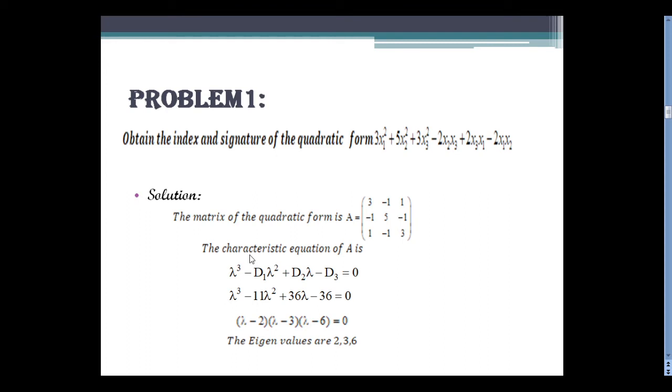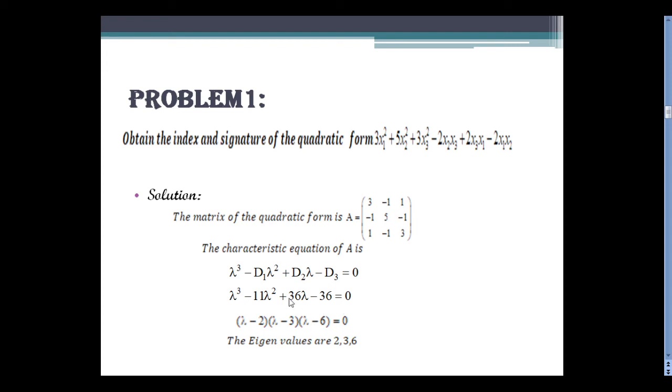Now we find the characteristic equation. Let us take lambda cube minus d1 lambda square plus d2 lambda minus d3 equal to 0. d1 is the sum of the diagonal elements, which is 11. d2 is the sum of the minors of the diagonal elements, which we get as 36. d3 is the determinant of A, that is 36.